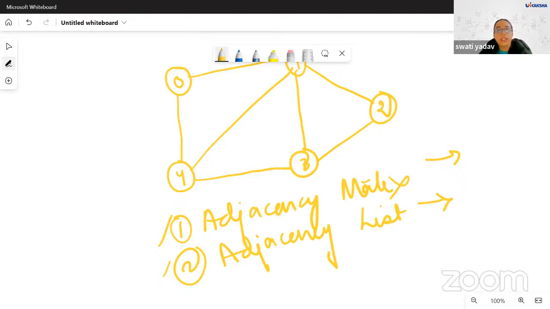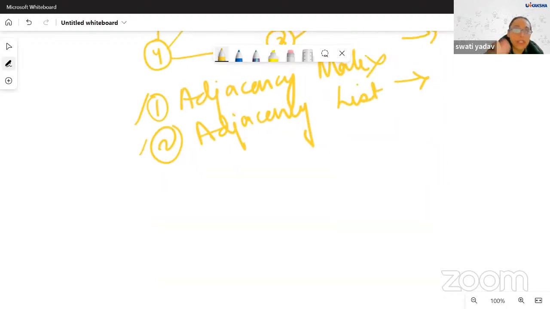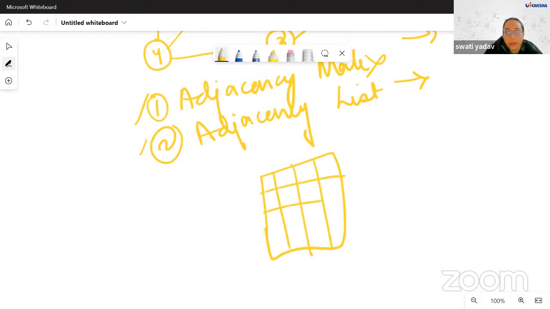Now, what is an adjacency matrix? With the term matrix, we know you build a 2D kind of structure for it, with rows and columns. So an adjacency matrix is a 2D array where the size is V by V, where V is the number of vertices.